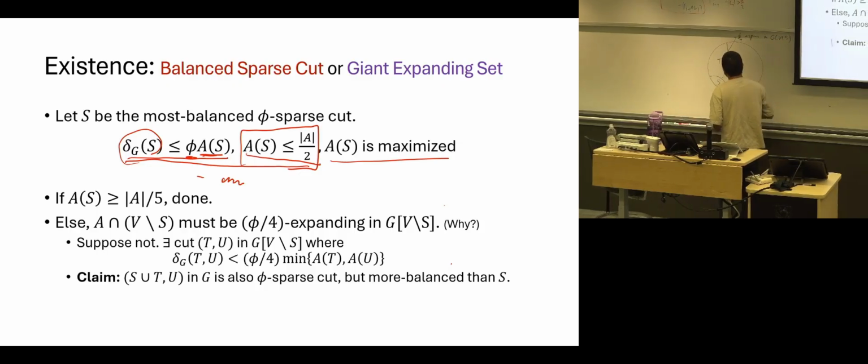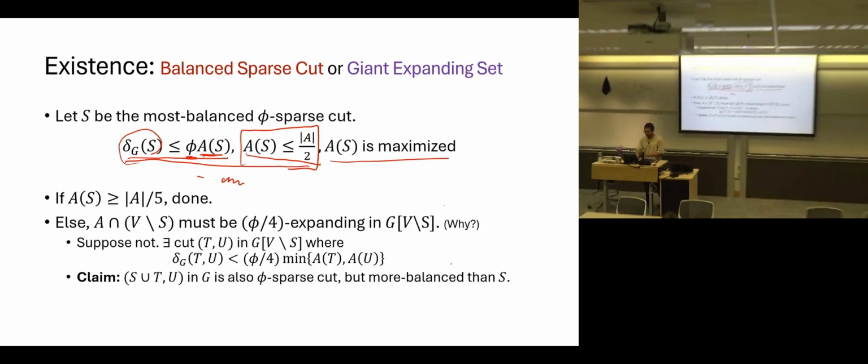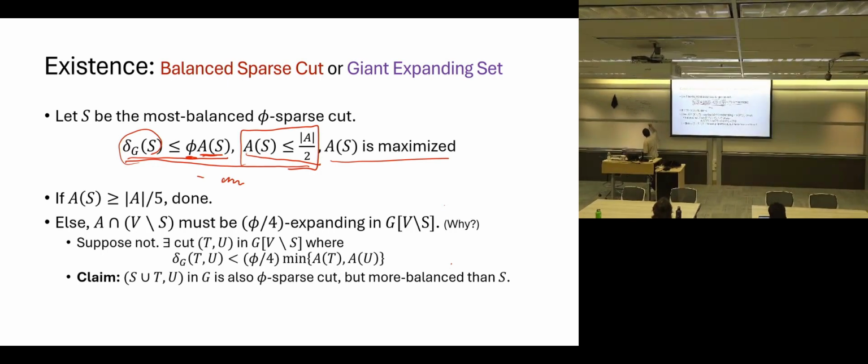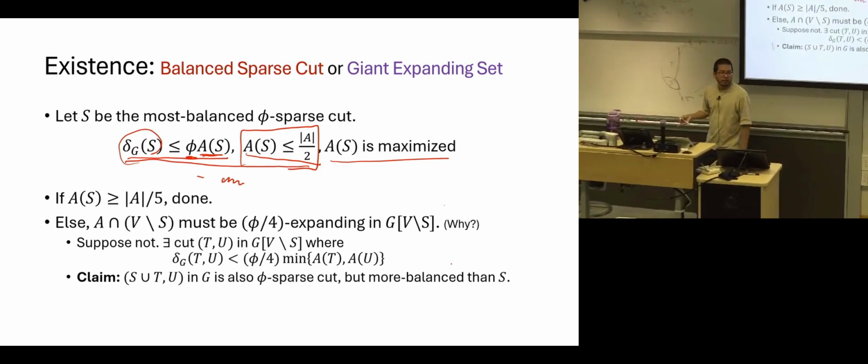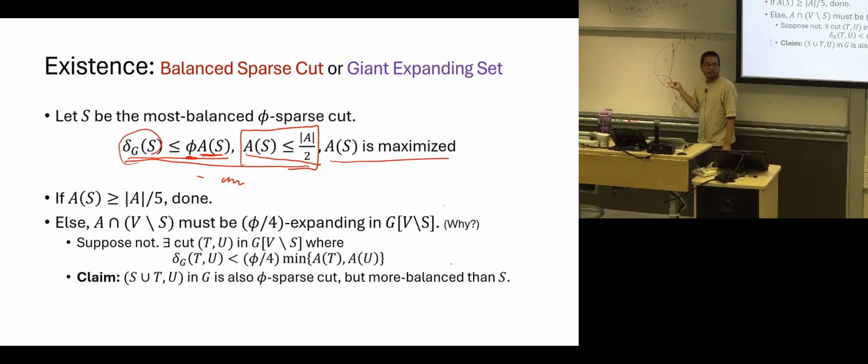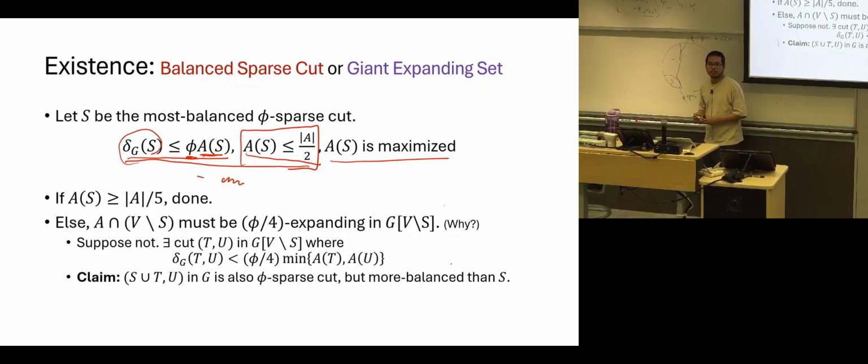Now I claim that this union, this cut, is just going to be another phi sparse cut, but more balanced. If that's the case, then we would be done, right? That would be a contradiction.